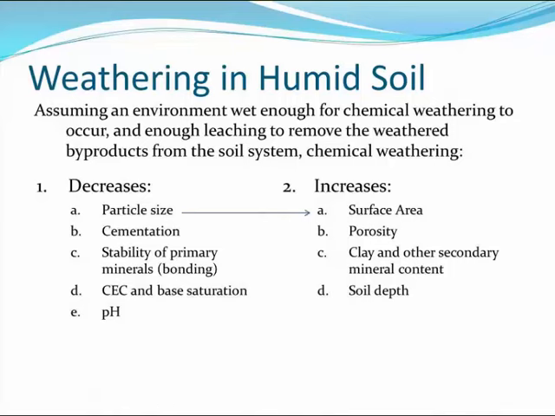One other factor that we need to promote chemical weathering is we have to leach the byproducts from the soil system. If we have moisture and we leach the weathered byproducts, flushing them out of the system with the water, then chemical weathering does two major things.